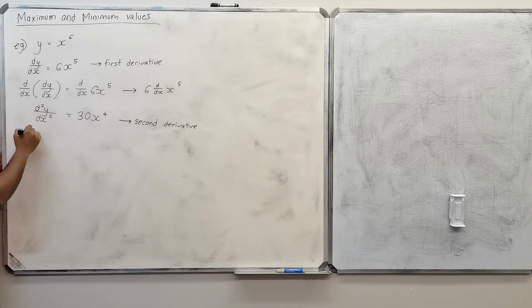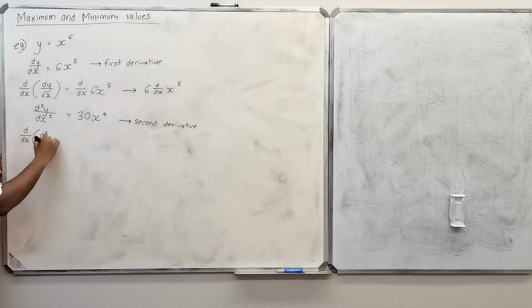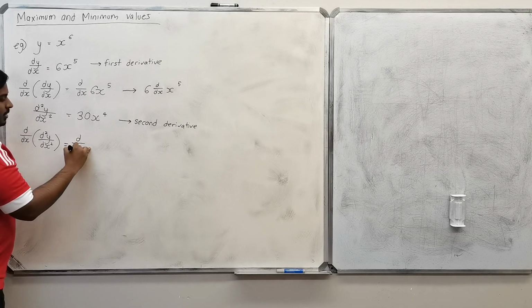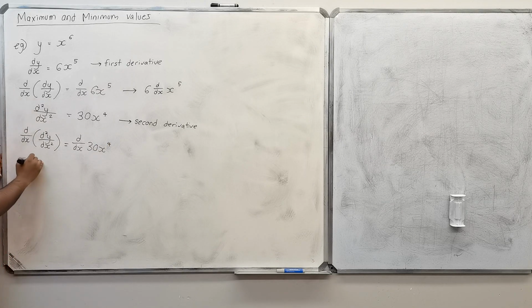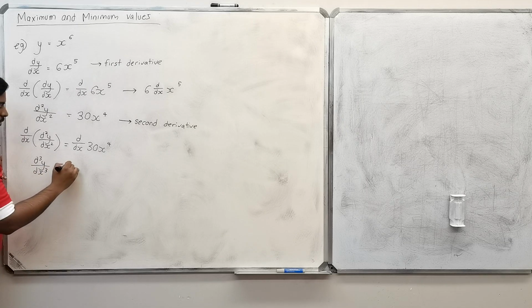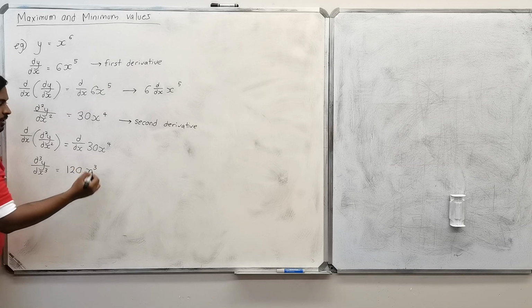You can differentiate this again. You can take the derivative of d squared y over dx squared, which is the derivative of 30x to the 4, and you're left with d cubed y over dx cubed, which is equal to 120x to the 3.